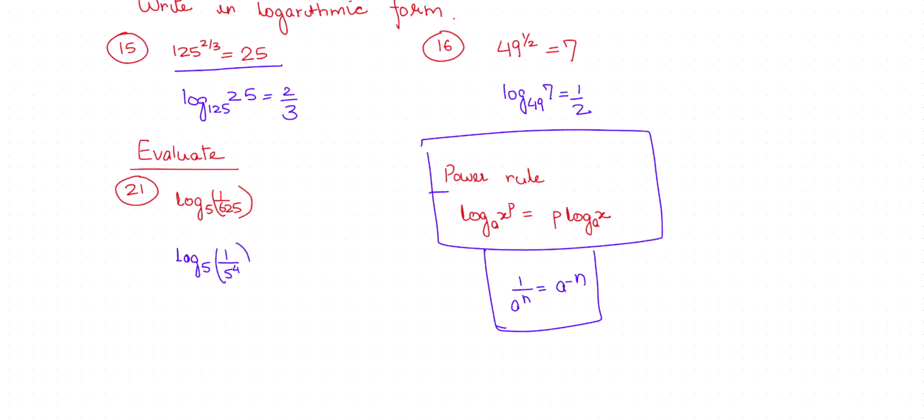And if we use this exponent rule, it will be log base 5 of 5 raised to power -4. Now, if we use the power rule, we bring the exponent in here. So this was -4. So this will become -4 log base 5 of 5.